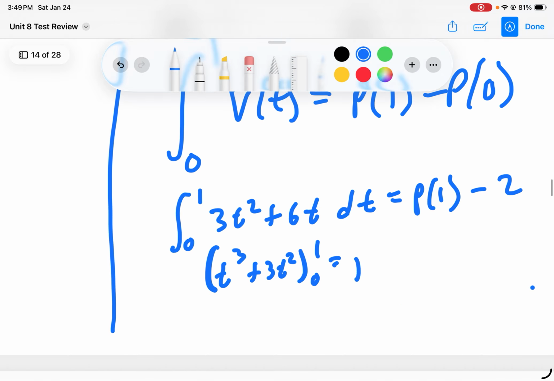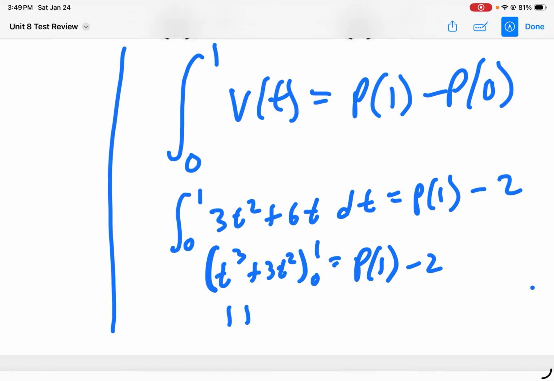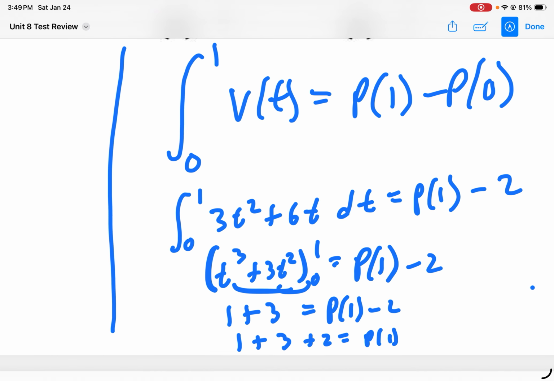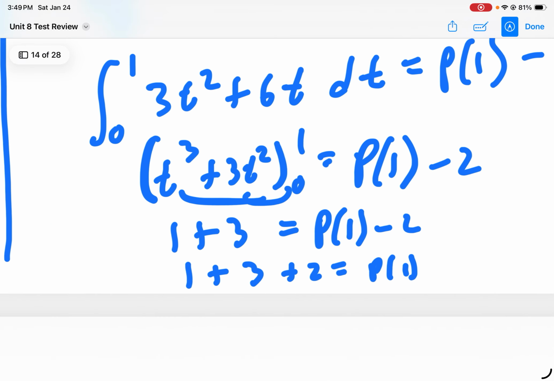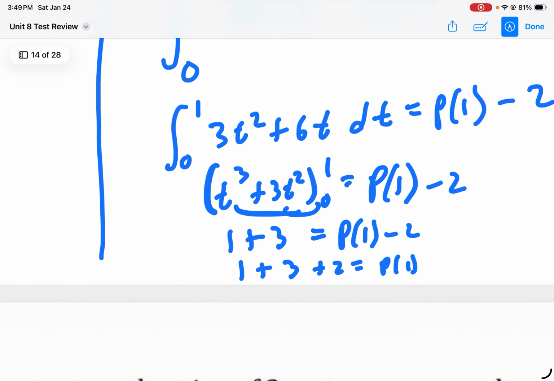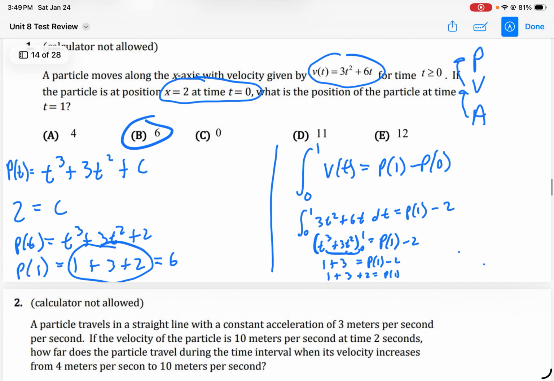That is equal to p of 1 minus 2. Plug in 1, I get 1 plus 3, and then I plug in 0, it's gone, right? Add 2 to both sides, and I see the same numbers that I got over here. So the answer is 6 again. P of 1 would give you 6.